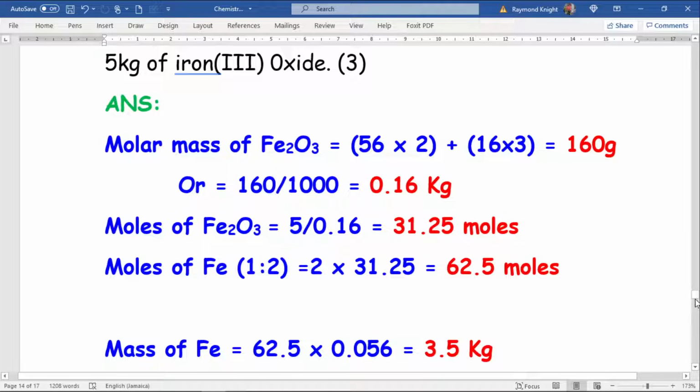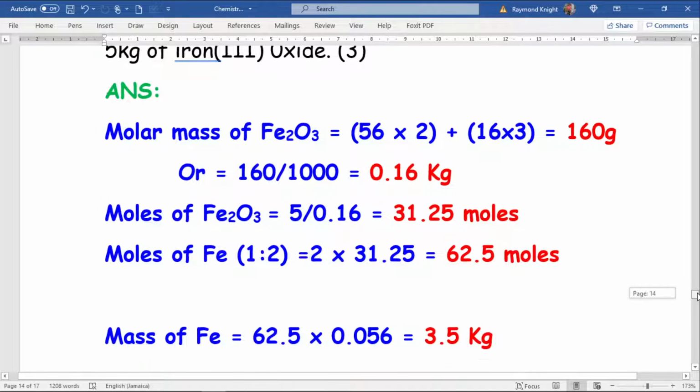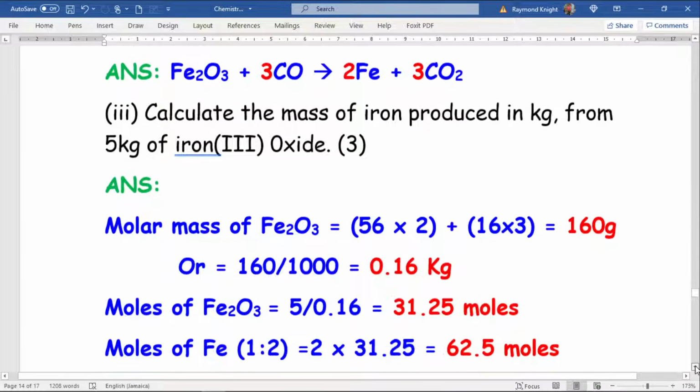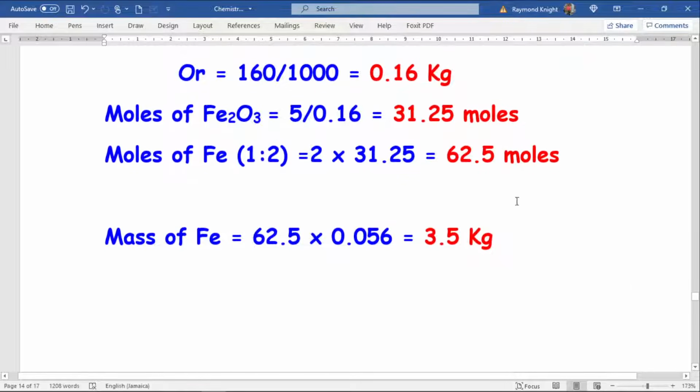This is the moles of iron(III) oxide, which is 31.25, but we're going to find the moles of iron. So in the equation, this is 1 molecule of iron(III) oxide to 2 molecules of iron. That is why we have to multiply that mole by 2.